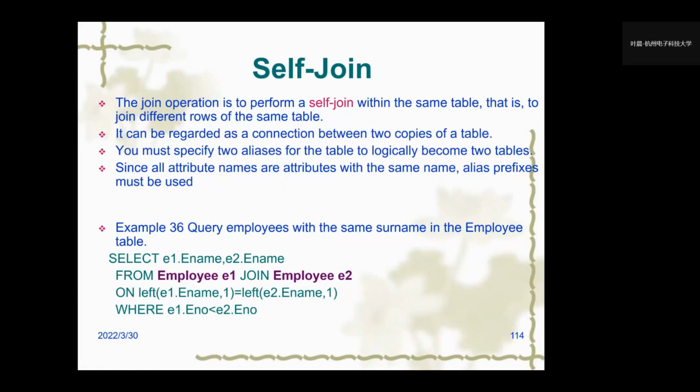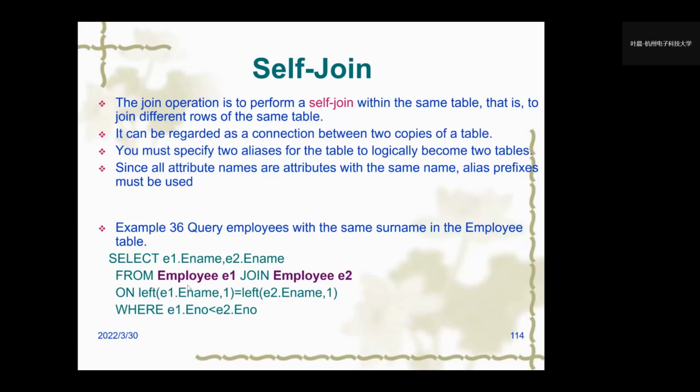So you need to give another name to refer to which table, which column you are referring to. For example, if you want to query employees with the same surname in the employee table, you can use the following language, which is select E1.ename and E2.ename, where we do a self join on the table employee.